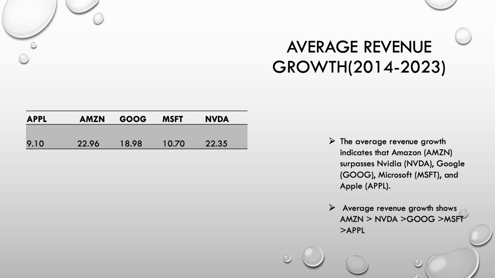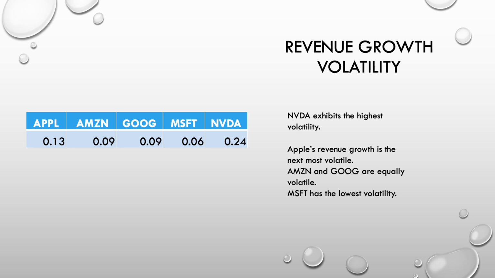Now let us see revenue growth volatility. Looking at volatility is very important, because volatility-adjusted variables tell us whether the growth is stable or not.